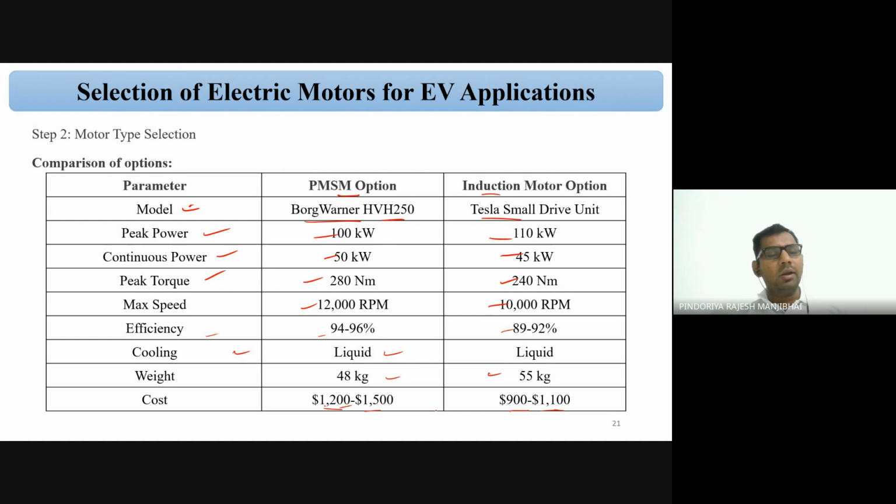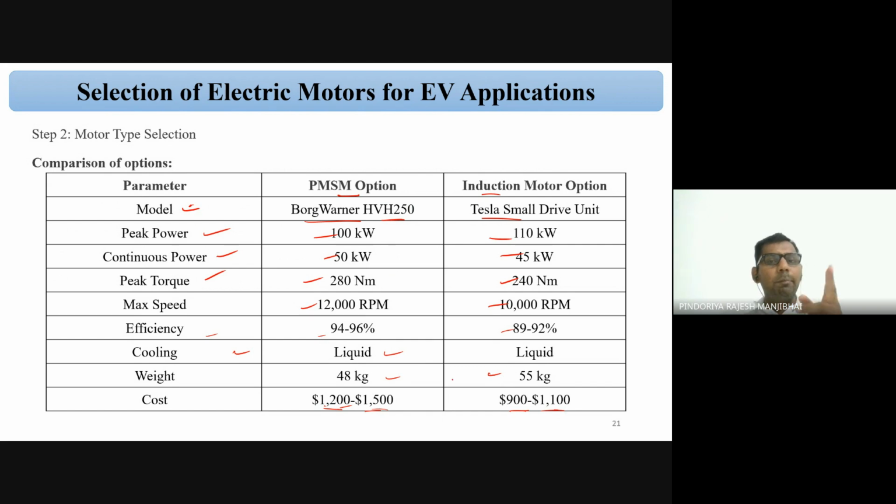So you can see around 500 US dollars is the difference. On average, you can consider the minimum as 900 for the induction motor and 1200 for the PMSM, so there is a 400 US dollar difference. And the maximum is 1500 and here 1100, so around 400 US dollars difference between the PMSM and the other motor.